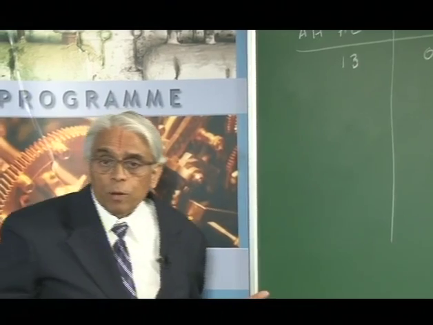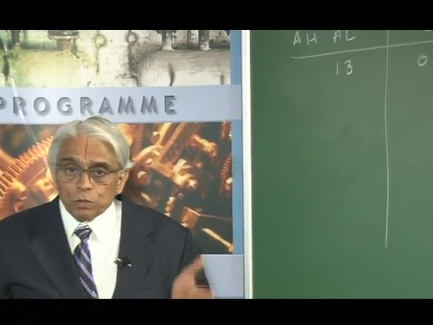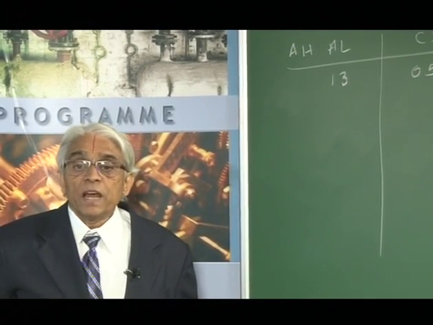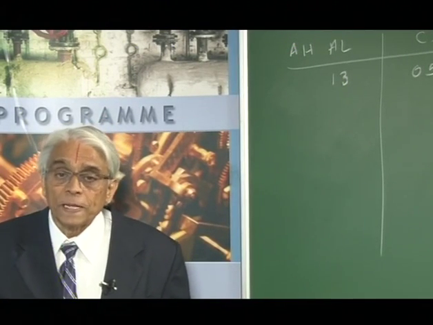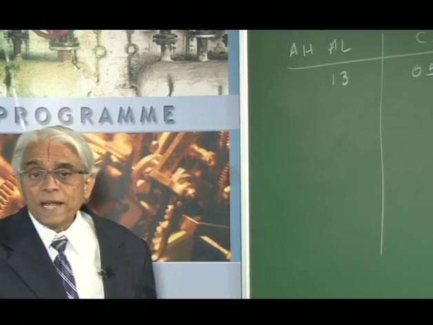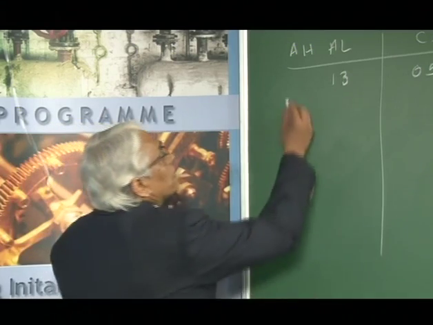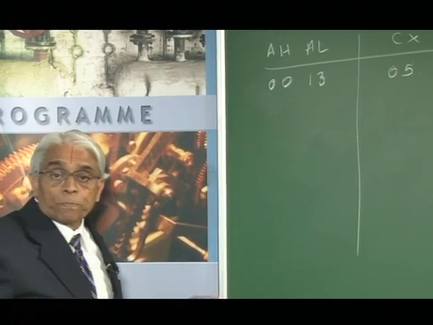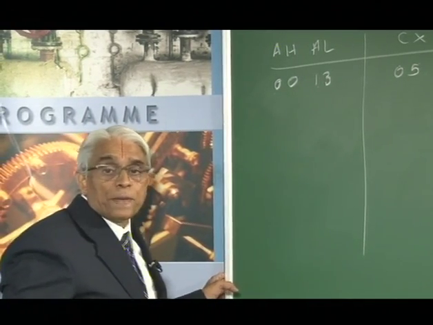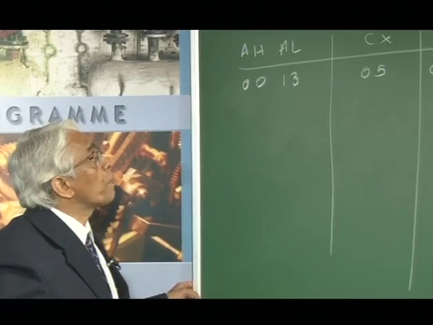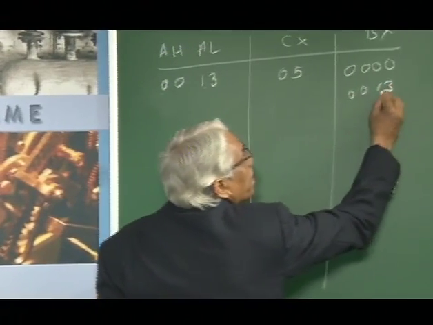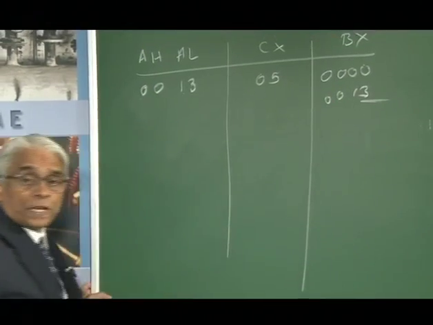When you convert 13 into binary, it is 0001 0011. When you say convert byte to word, AH will be equal to 00, the sign extension of this. The next instruction is ADD BX, AX, and the result is stored back into BX. The value we have is 0013 after performing the first operation.